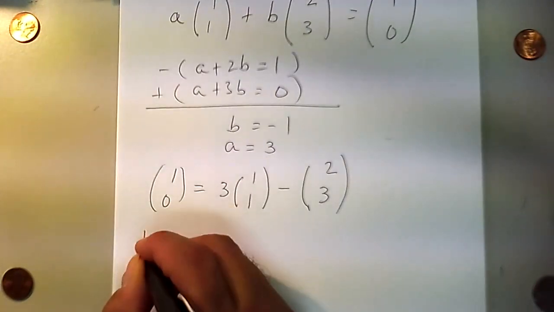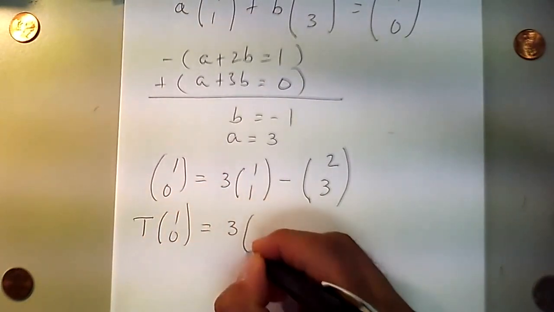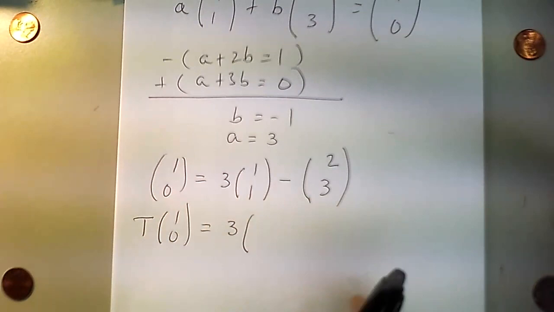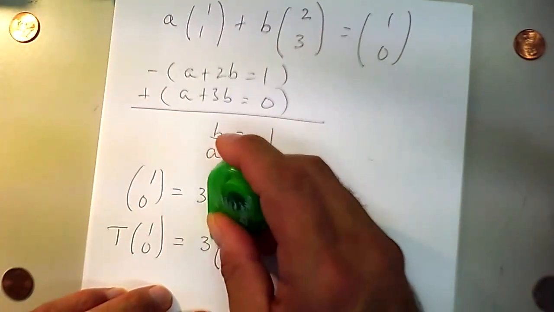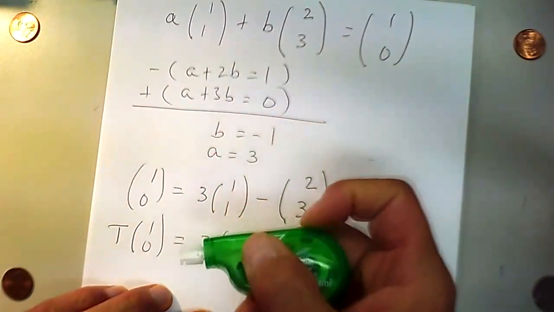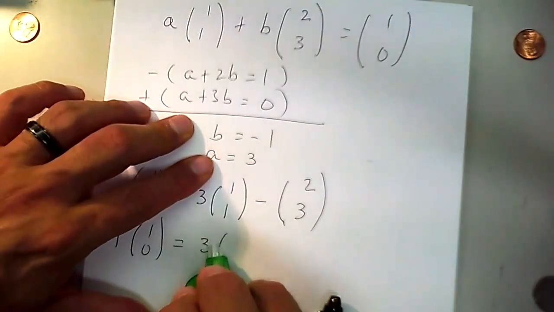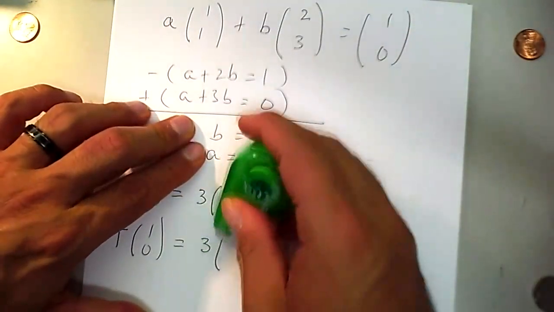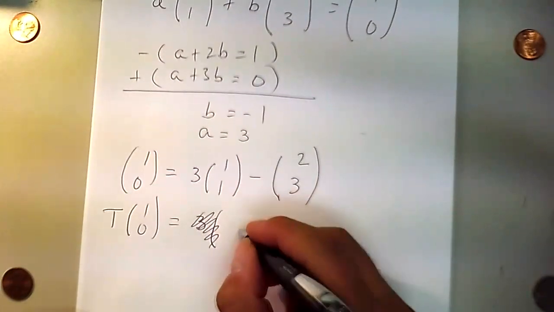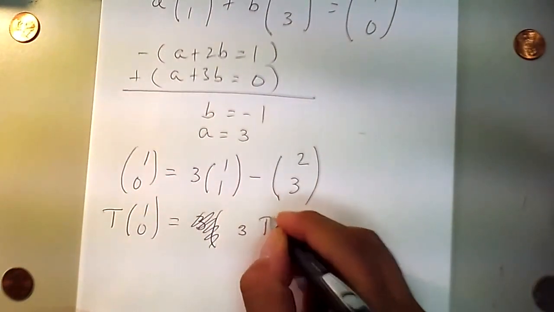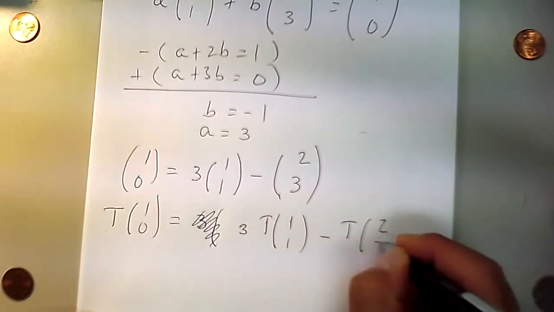So T of (1, 0) equals 3 times T of (1, 1) minus T of (2, 3). Can't erase, so let me just scratch. It doesn't look as nice, but it's 3 T of (1, 1) minus T of (2, 3).